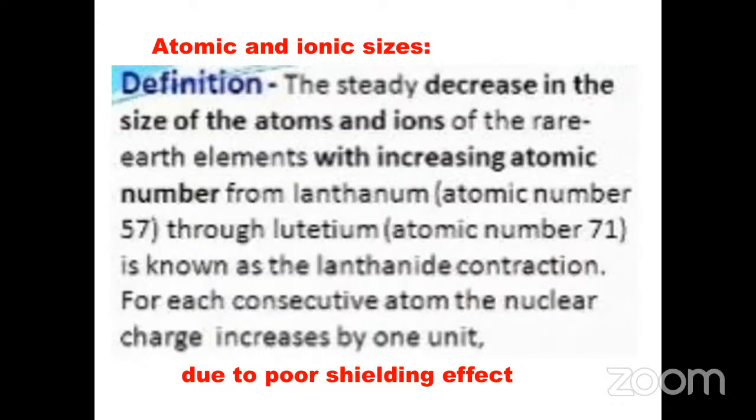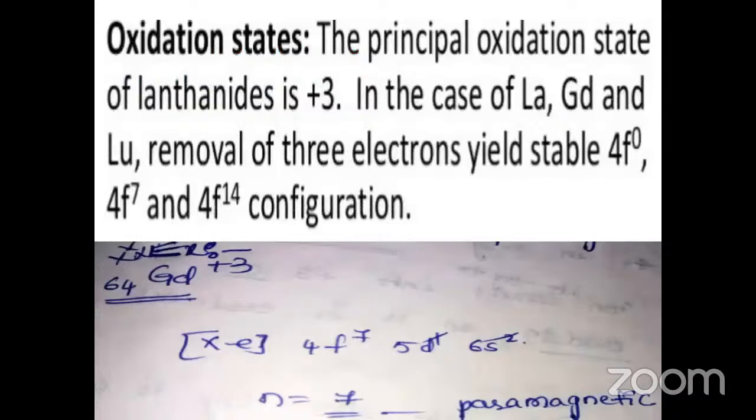They also show different oxidation states, but the stable oxidation state of lanthanides is +3. In the case of lanthanum, gadolinium and lutetium, removal of 3 electrons leaves 4f0, 4f7 and 4f14 configurations. For example, gadolinium has atomic number 64, and its electronic configuration is xenon 4f7 5d1 6s2.